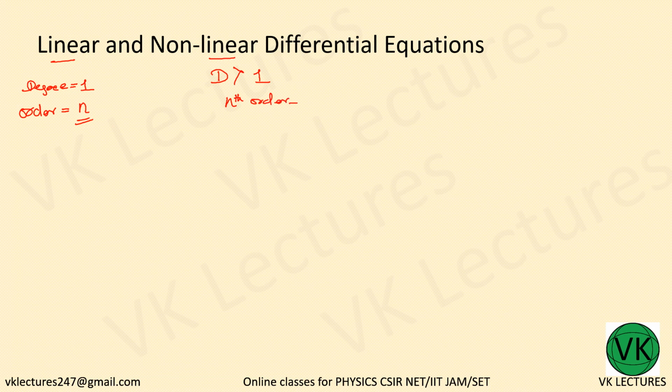But remember, linearity or non-linearity is given by degree mainly, and let us see a few examples. Some constant a_n into the nth derivative of y plus a_(n minus 1) into the (n minus 1)th derivative of y, and it goes on. So this is an example of degree 1. This is the highest order, its degree is 1, so that is linear.